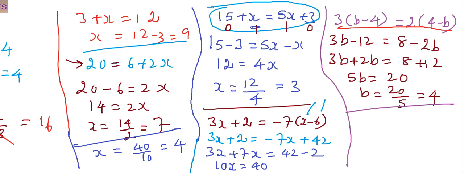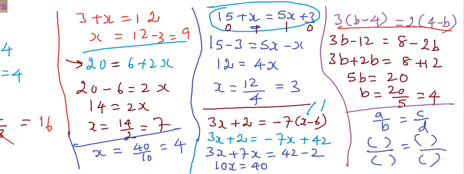Okay, now let's see equations of the form a by b equal to c by d, where there is some expression by some other expression. So how to solve equations of this form?